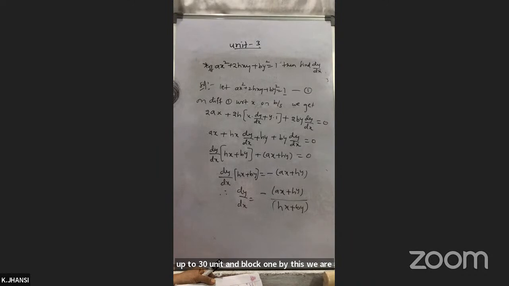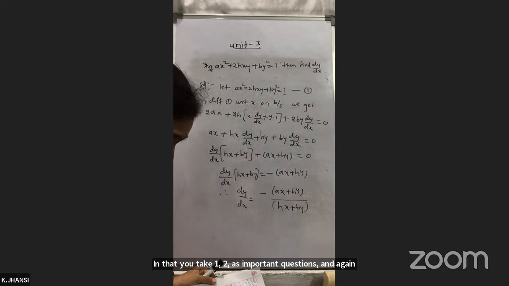So we have completed all the important questions, and whatever questions you are getting for 5 marks, I have told, and even 10 marks questions, and even the page number exercise is there. See page number 68, exercise 3.5. In that you take 1, 2 as important questions, and here on page number 69, if you see, the 4th question and 5th question, the 4th and 5th are the 10 marks questions.